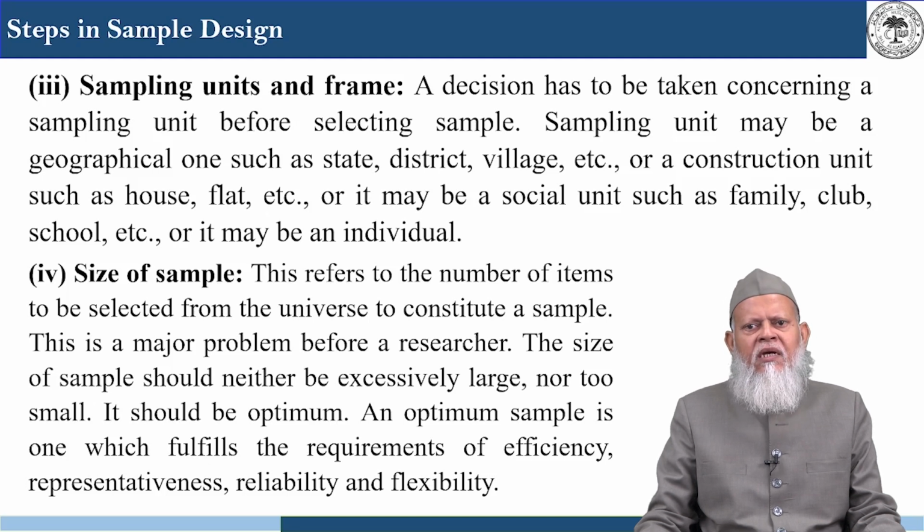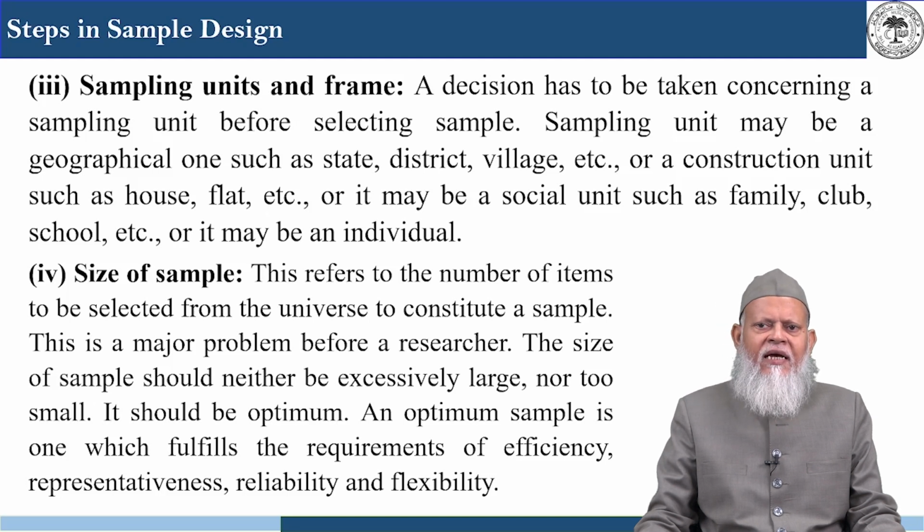But then, as we discussed, if we take a very large size of the population to make a sample, then it does not make sense, because after all the method of sampling is adopted to make the research feasible in terms of finance and in terms of human resource.